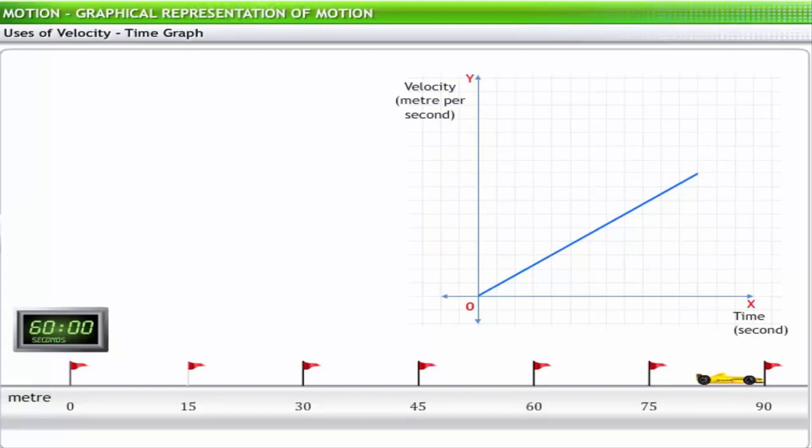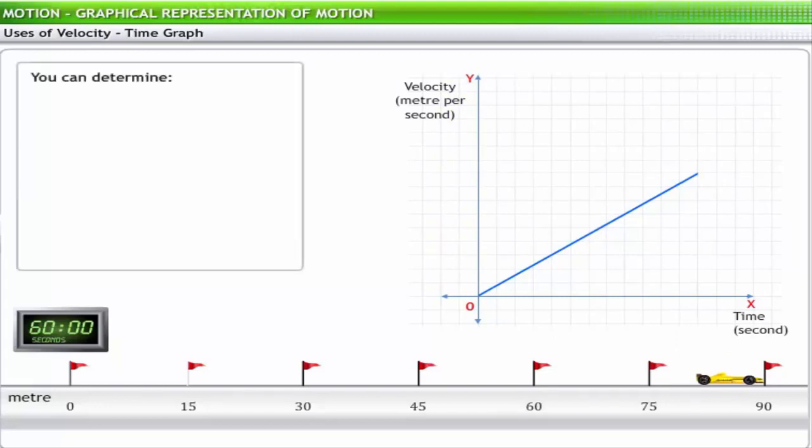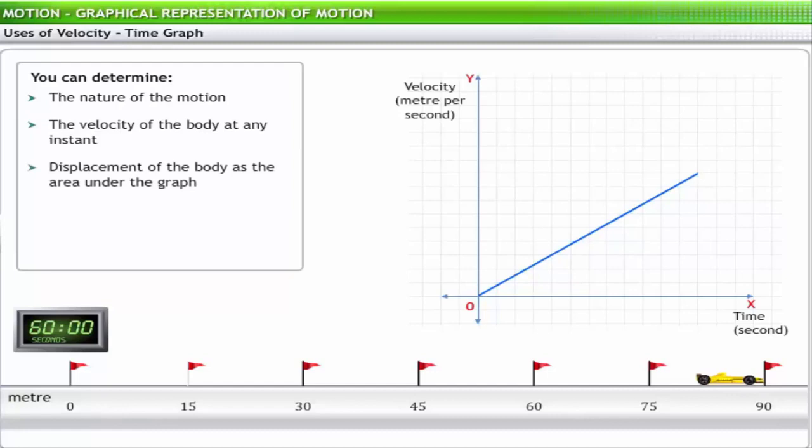Using a velocity-time graph, you can determine the nature of the motion, the velocity of the body at any instant, the displacement of the body as the area under the graph, the instantaneous acceleration, and the equations of motion along a straight line.